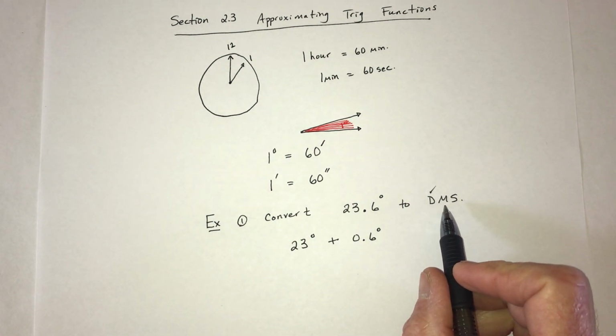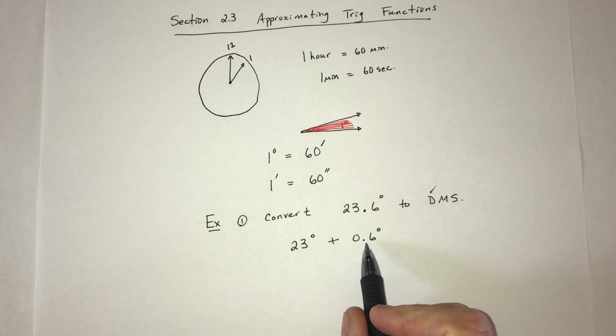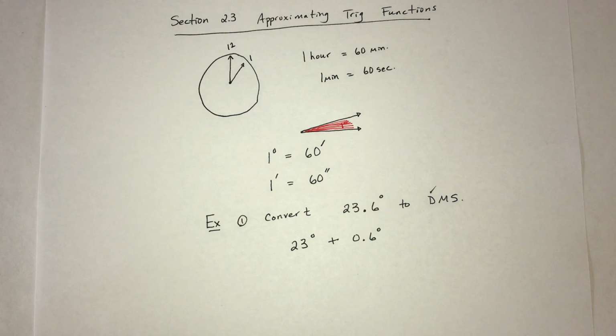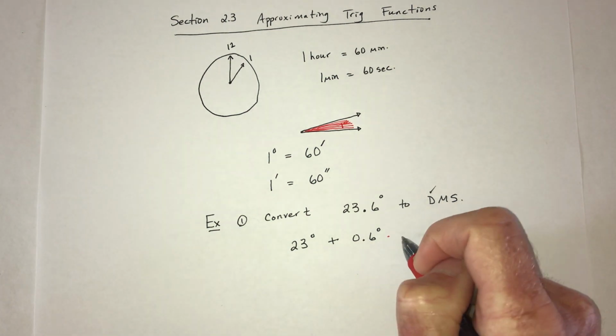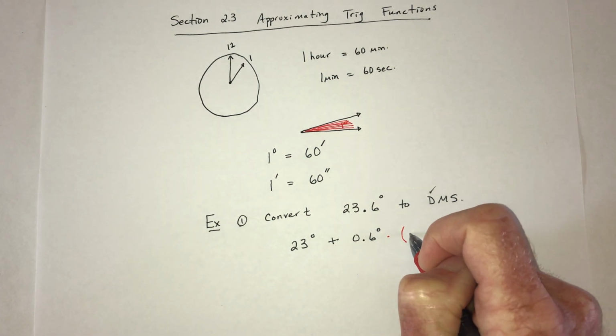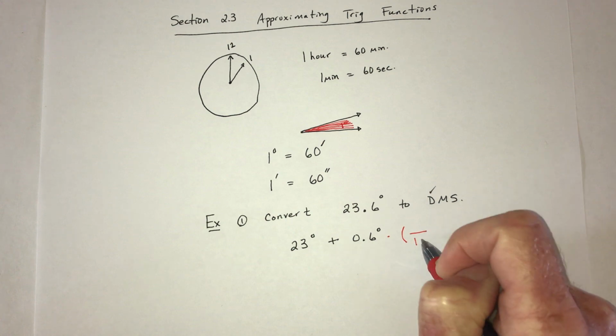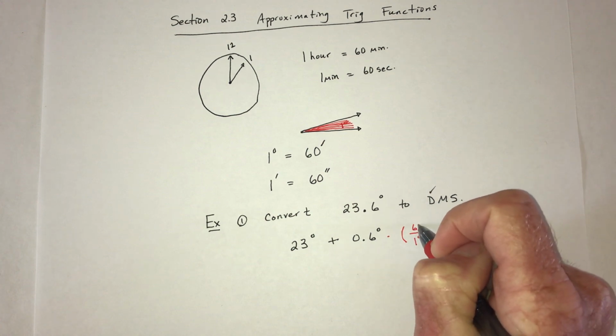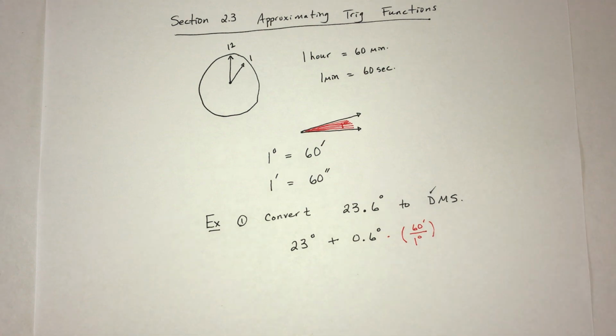Now, how many minutes? Well, this is basically saying it's a fraction of a degree. So if you take this and multiply that, every 1 degree is 60 minutes.